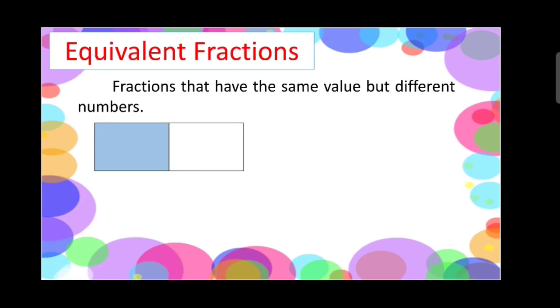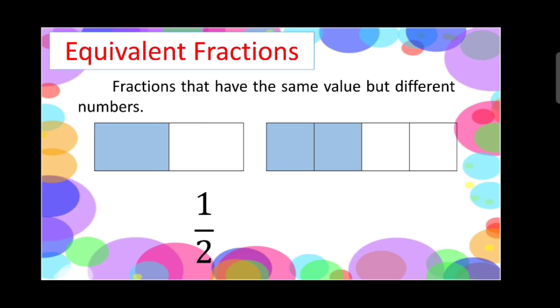Ayan. Nirepresent ko muna siya as a figure. So, etong sa unang, rectangle natin kasi dalawa. So, it represents a fraction as 1 half. Ito naman pangalawa, hinati ko sa 4. So, pag nirepresent natin ito sa fraction, it would be 2/4.